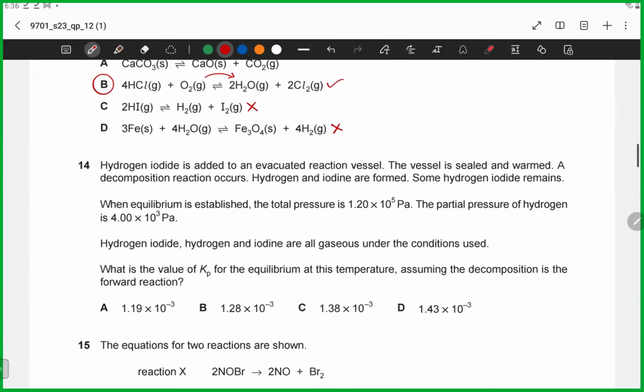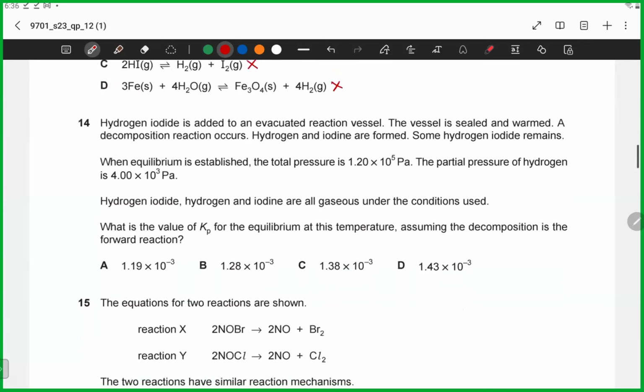सो next one, Kp का question आ गया। HI is added to an evacuated reaction vessel. The vessel is sealed and warmed.